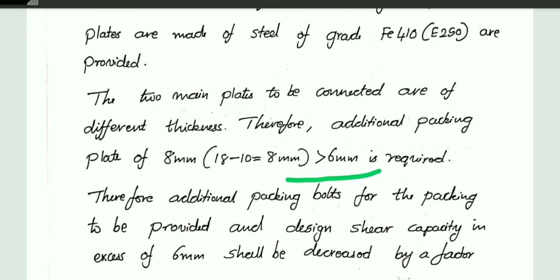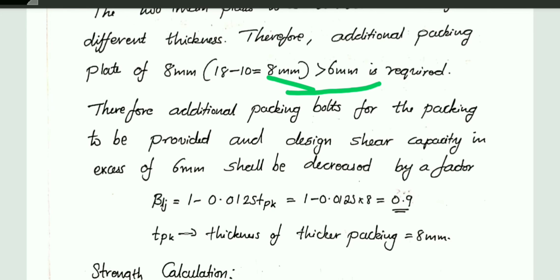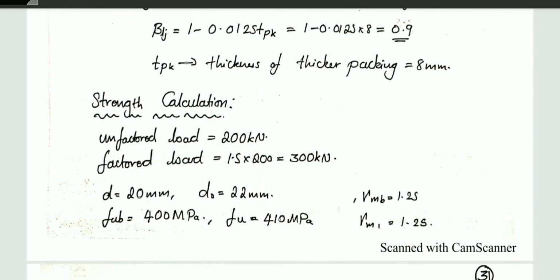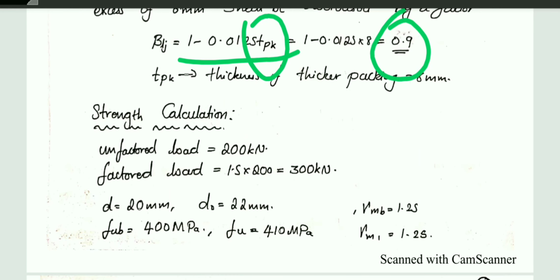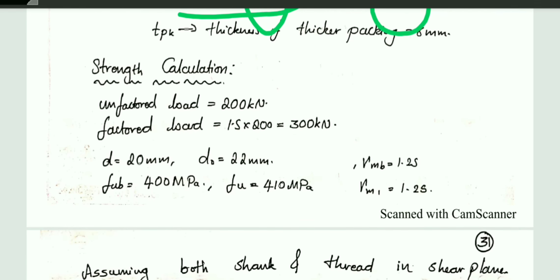So you need to multiply a beta factor for the shear capacity: beta Lj is 1 minus 0.0125 tpk, where tpk is the thickness of the packing plate, that is 8 mm. So the beta value will be 0.9. You need to multiply this value in the calculation of the shear strength of the bolt.